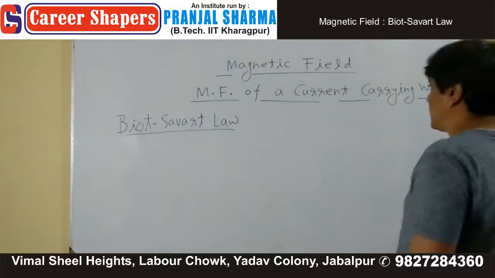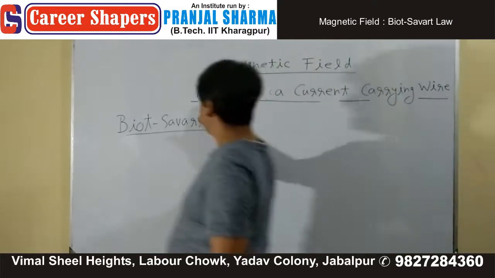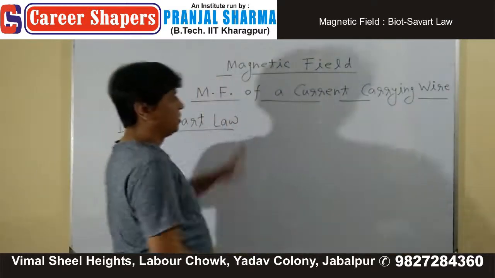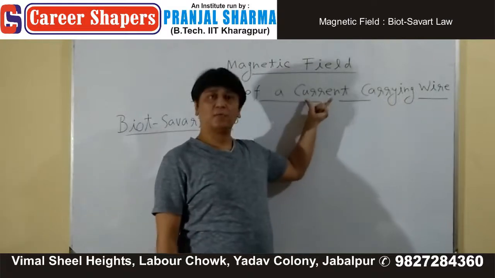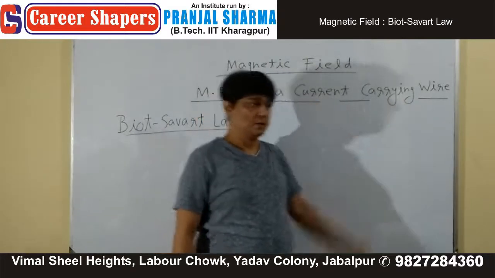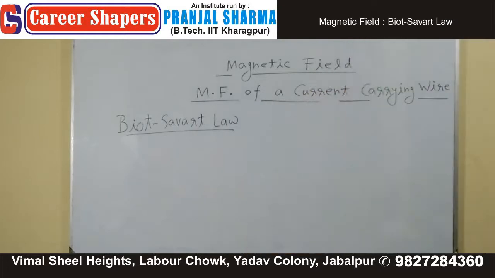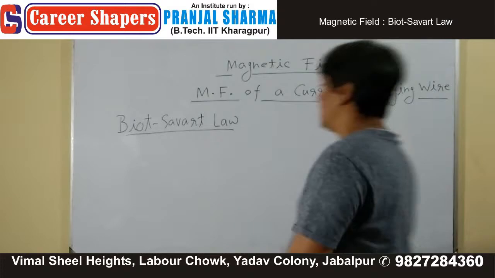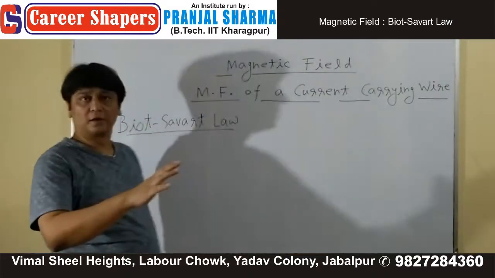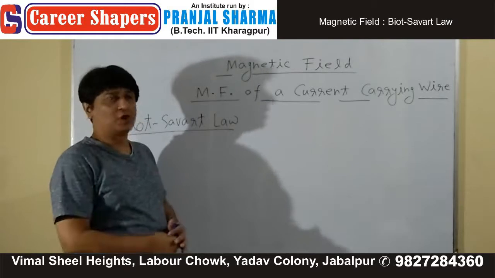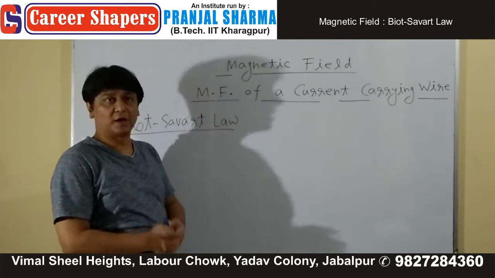Now, when I say magnetic field of a current carrying wire, this is the important part. Current means we have a charge and this charge is moving. Rate of flow of charge is what? Electric current.